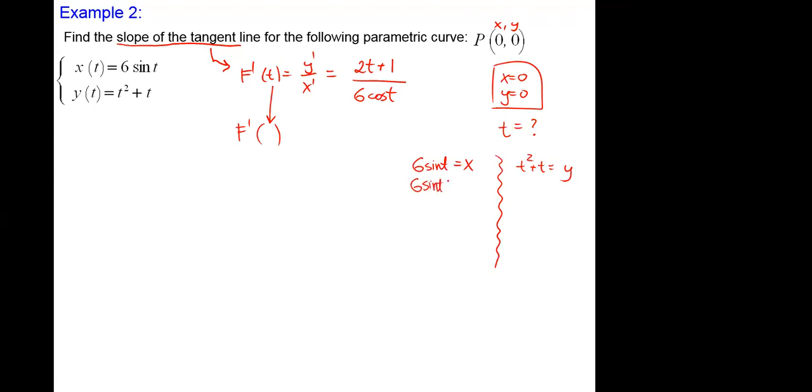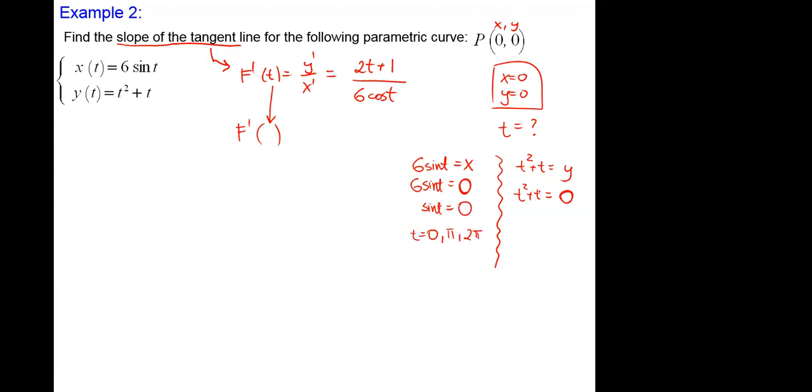I want x to be 0, and the same, t squared plus t, y, I want to be 0. And I can solve this equation for t. I can divide by 6, and sine for what angle is 0? For 0, pi, 2 pi, and so on.